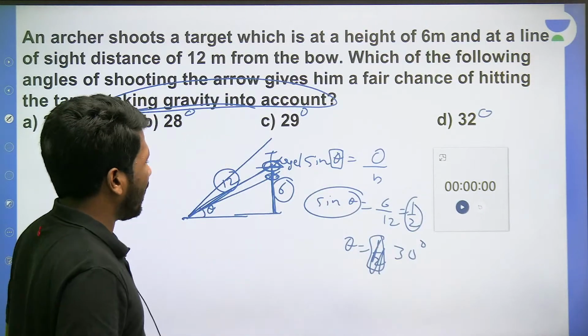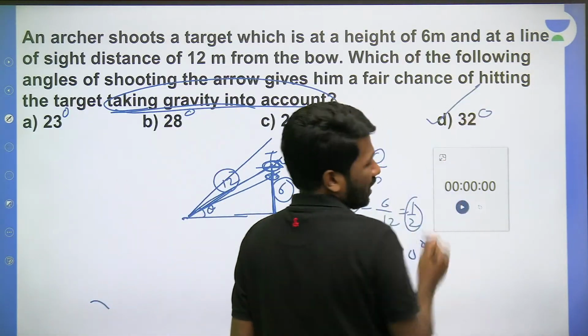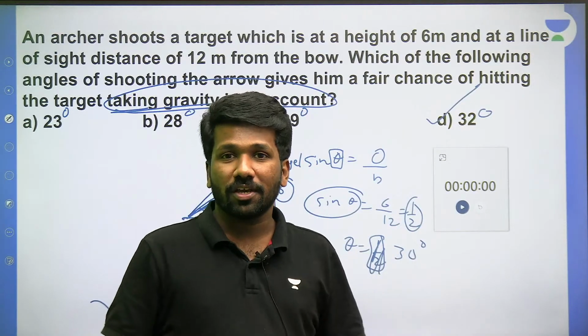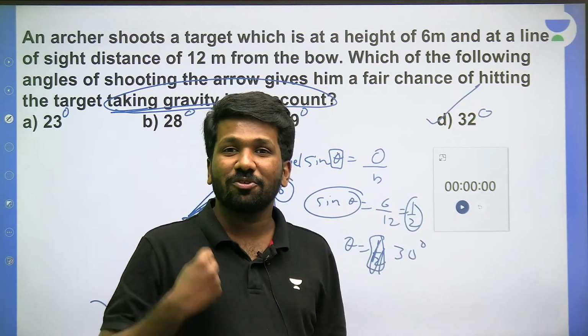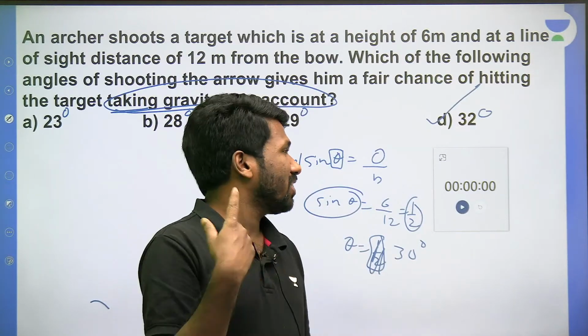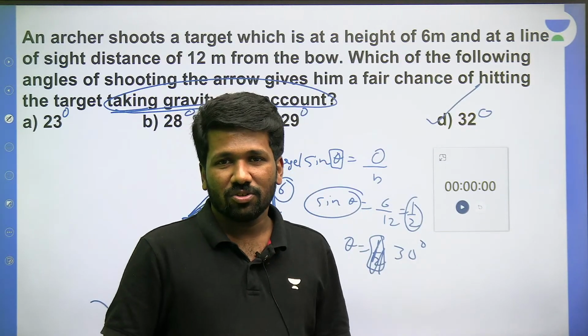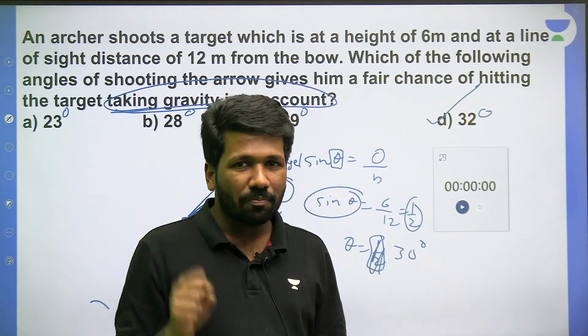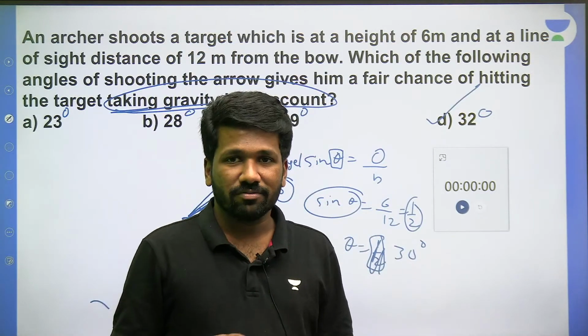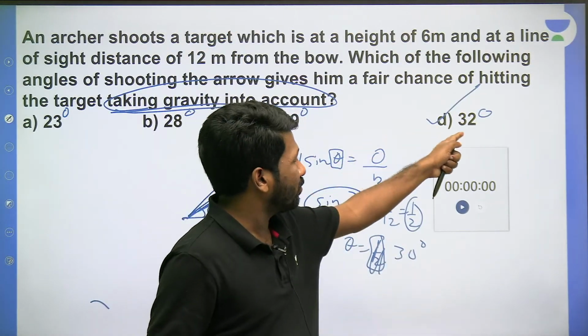Look at the options: a little higher than 30, only one option is there. That is purposefully set like that because otherwise we cannot exactly find it. For that you need to learn a lot of physics about gravity. This was not asked even in the physics paper. This was asked in the chemical science paper. So learning the physics behind that is not the point at all. Logically, a little more than 30 degree is enough. Little more than 30, only one option is there, 32.